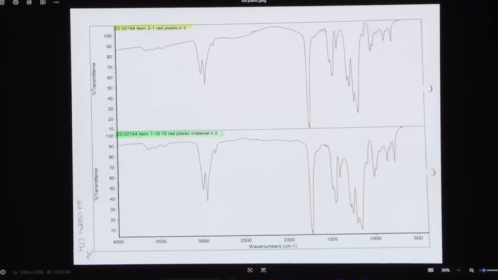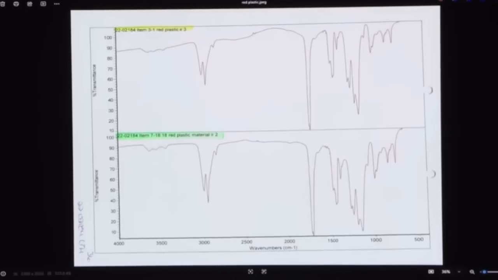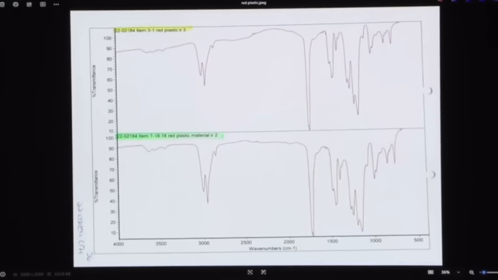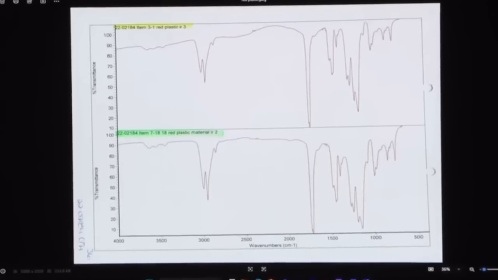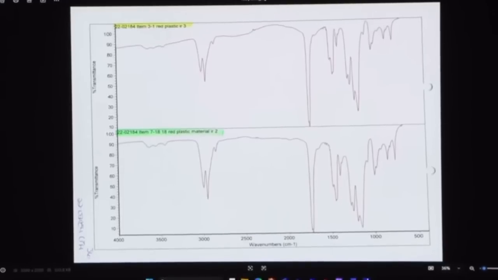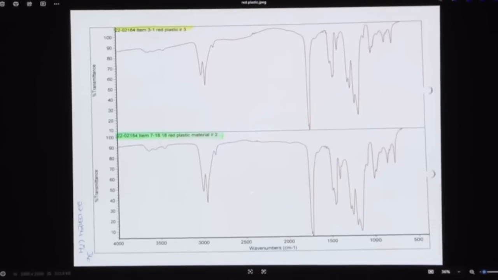Thank you. And Ms. Gilman, if I could have the red plastic data. And Ms. Hanley, directing your attention to the screen again with the laser pointer, if you could delineate for the jury which set of data is associated with which item. So the top spectrum is item 3-1, and the bottom spectrum is item 7-18.18.